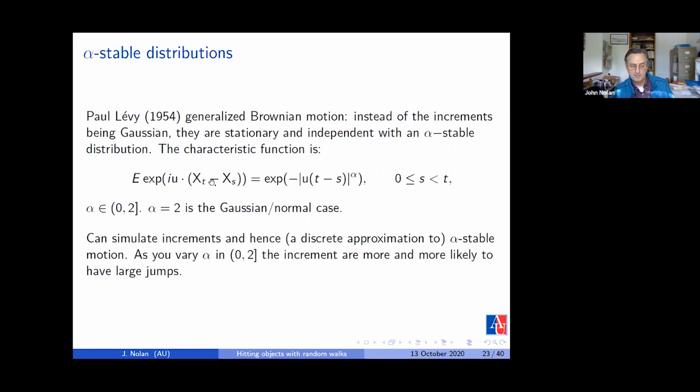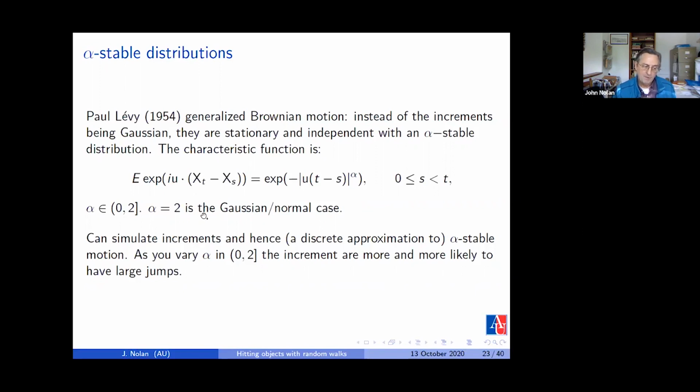Remember X of t is vector valued, so this is the dot product here. I take a vector u dot product with the increment, and then take the expected value of the exponential with the i inside it. We get the joint characteristic function of the increment, and it looks like this.